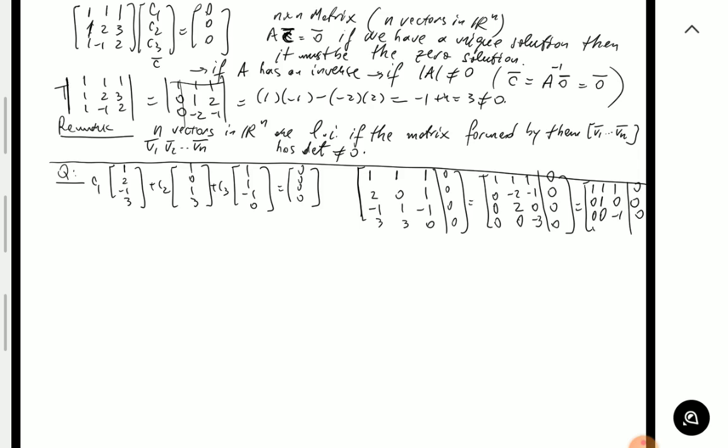Let's just keep the last row as it is for now. 0, 1, 0, 0. Make the third pivot. So I already know we have an independent set. And then using the second to last row, multiply that by negative 3 and add. That makes 0 everywhere here.